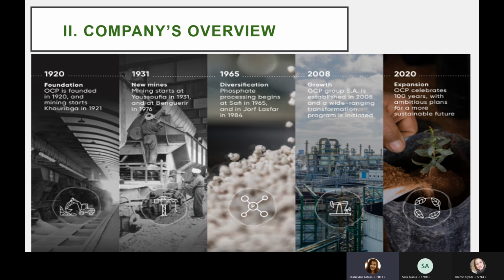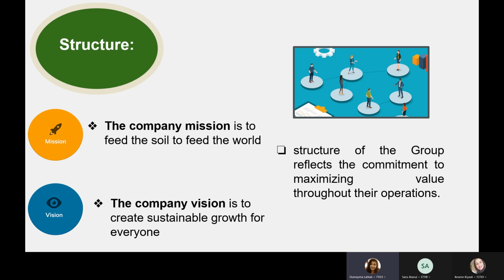And moving to the structure of the company, the structure of the group reflects the commitment to maximizing value throughout their operations. For the company mission statement, "Feed the soil to feed the world" is the OCP mission statement. They have a crucial opportunity to help farmers around the world grow enough food, as they hold 70% of the phosphate resources in the world.